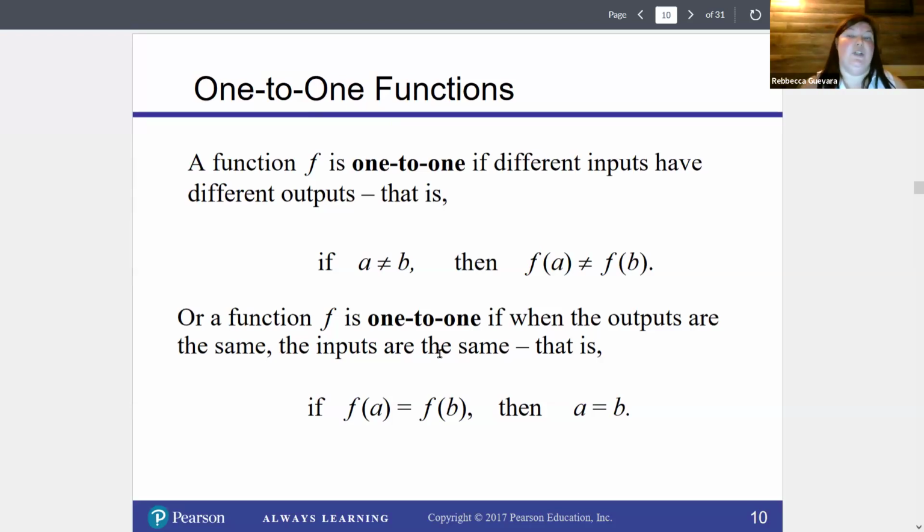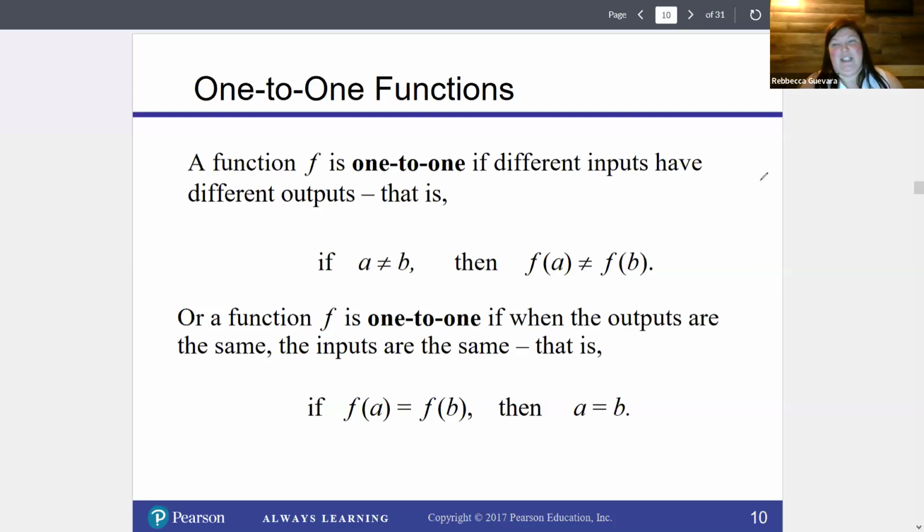A function is one-to-one if all inputs have different outputs, that is, if A and B are not the same, then it's not possible that f of A would equal f of B. Or a function is one-to-one when, if the inputs are the same, the outputs are the same, that is, if f of A equals f of B, then A and B had to be equal.